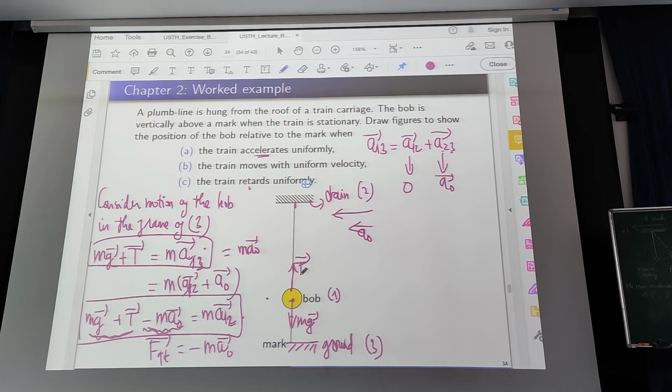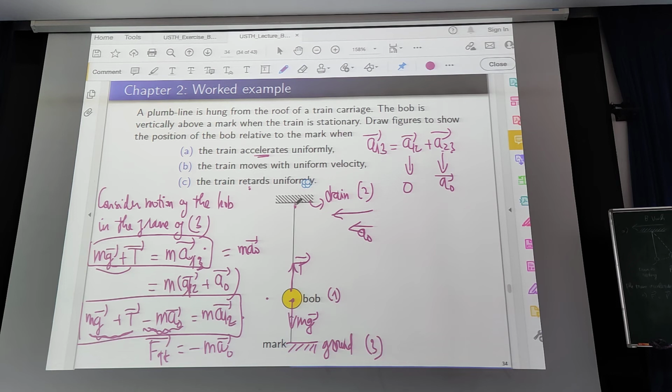Go to the right or go to the left, equal to MA0. A0 goes to the left. T and mg need to go to the left, so I need some vector going to the left.